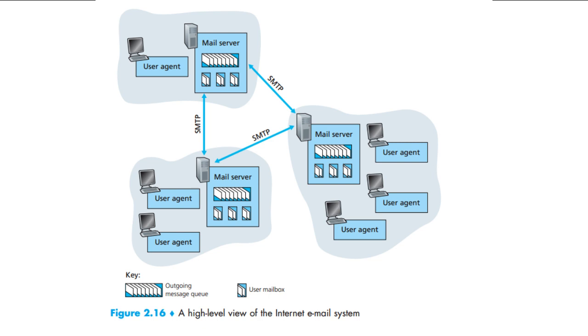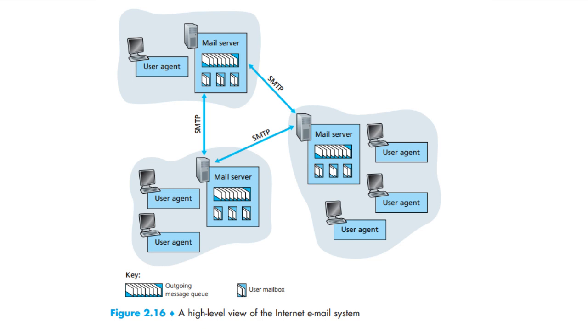It uses the reliable data transfer service of TCP to transfer mail from the sender's mail server to the recipient's mail server. As with most application layer protocols, SMTP has two sides: a client side, which executes on the sender's mail server, and a server side, which executes on the recipient's mail server.